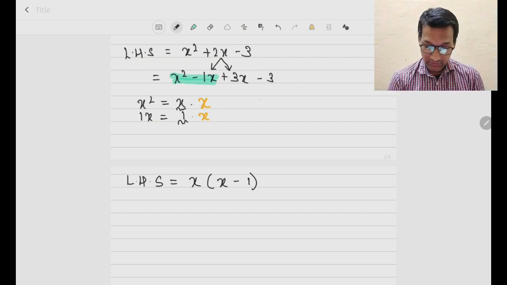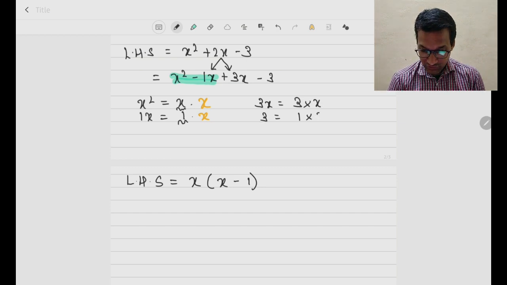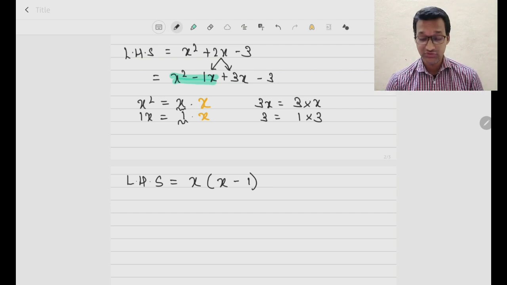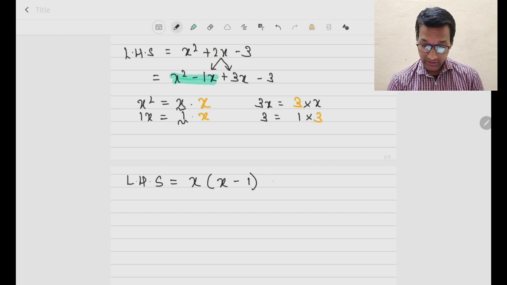Second, we find the common factor between 3x and 3. So 3x means 3 multiplied by x, and 3 means 1 into 3. Now what is common here? 3 is common. So we will write 3 plus 3, and what is left? x minus 1.